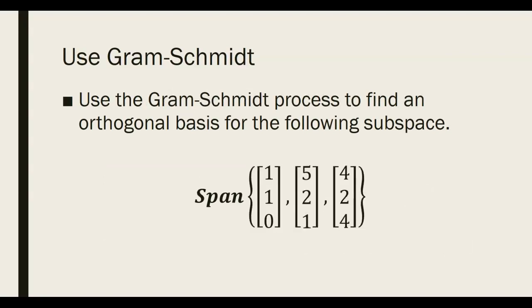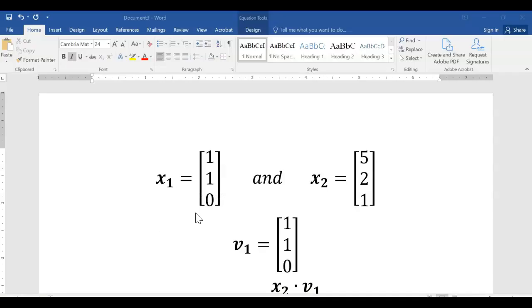So when we're dealing with this set of 3 vectors, we might as well use what we had from the previous result. Let me go through that again. Like I said in the previous slides, we had 1, 1, 0, 5, 2, 1.